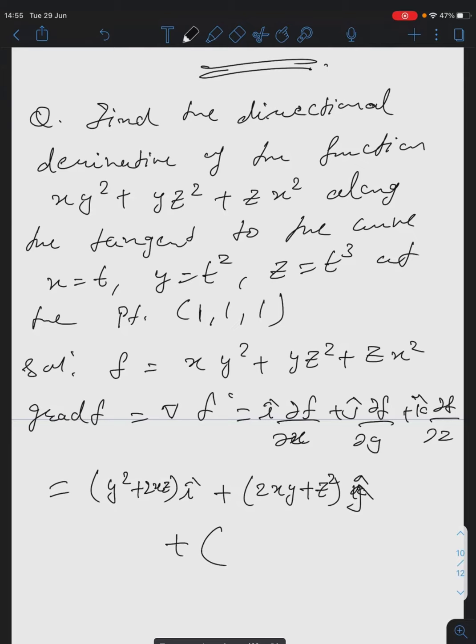Then with respect to z, it will be 2yz plus x square, k cap. Now is it correct?